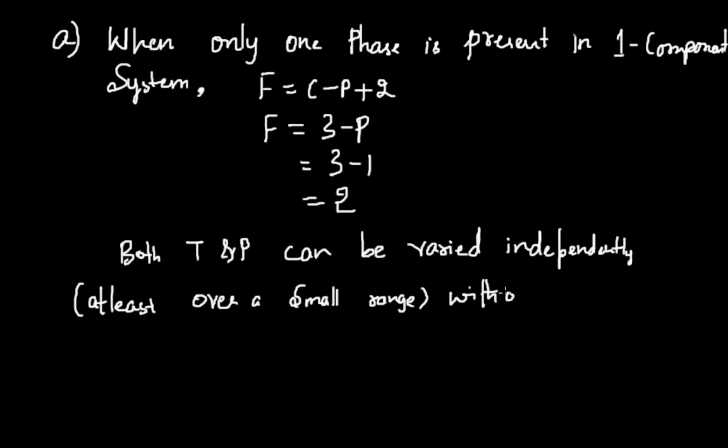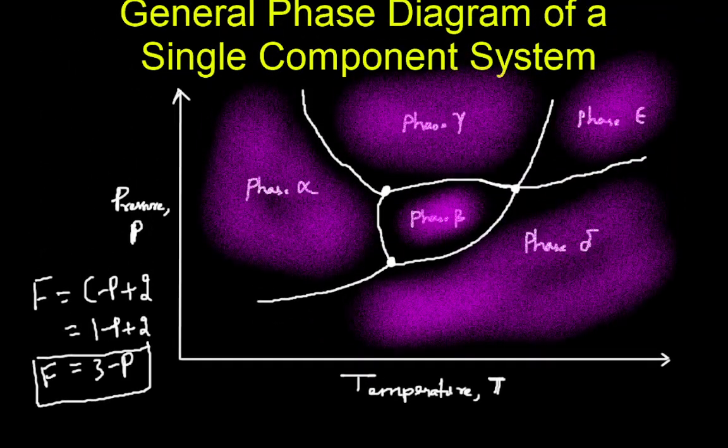So what does it mean? See here, you can change pressure over a large range and yet you can still remain in that phase.